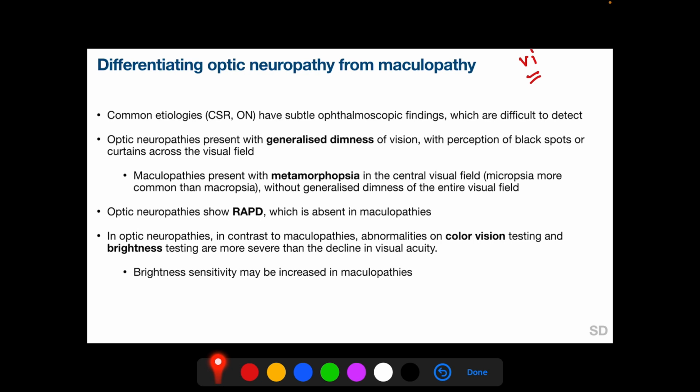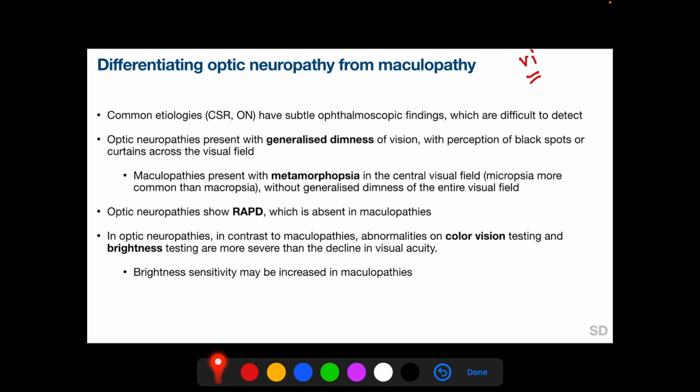Optic neuropathies present with generalized dimness of vision, and the patient may perceive black spots or curtains across the visual field, whereas maculopathies present with metamorphopsia in the central visual field. Micropsia is more common than macropsia when fluid accumulates in the retina and the photoreceptors are more distant from each other. And maculopathies do not show a generalized dimness of the entire field. Patient complains that only the central portion of the visual field is affected.